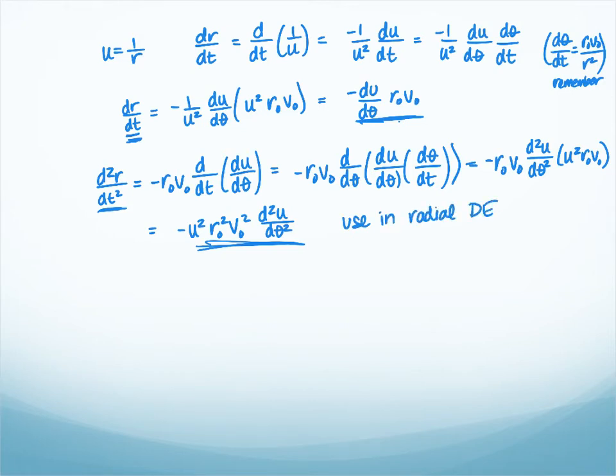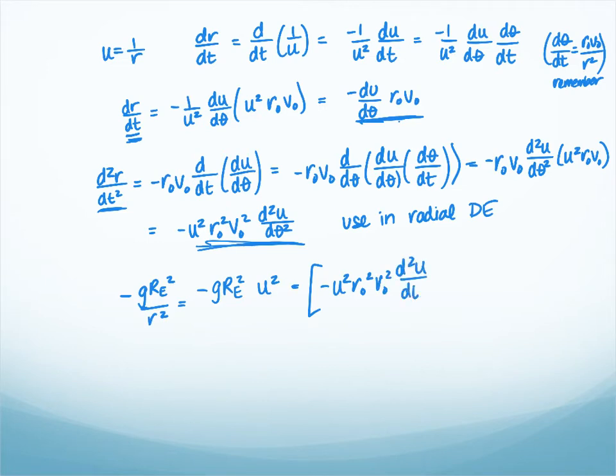So what we're going to do is use these in the radial differential equation, and so we're going to get minus g re squared over r squared, which can also be written as minus g re squared u squared is equal to minus u squared r naught squared v naught squared d squared u d theta squared minus r naught squared v naught squared over r cubed.